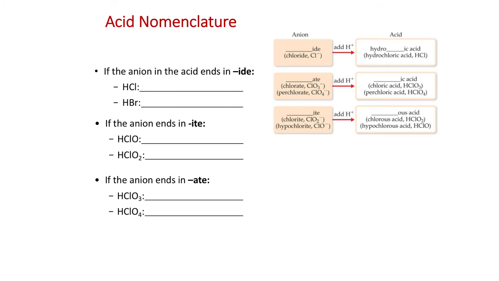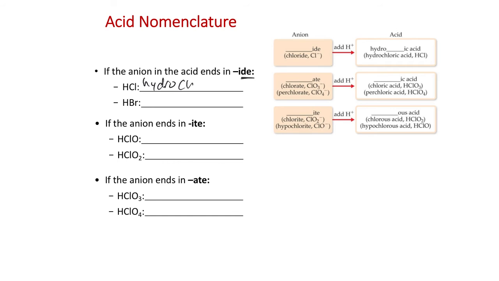Okay, so these are the acid rules here. And I think we probably knew HCl was hydrochloric acid. I'm sure you've all heard of hydrochloric acid, whether you knew it was HCl or not, I don't know. But it helps us if we can remember that HCl is hydrochloric acid, and then we learn the rule: for the simple IDE ending ions that have H plus added onto them, we use the hydro-ic acid system.